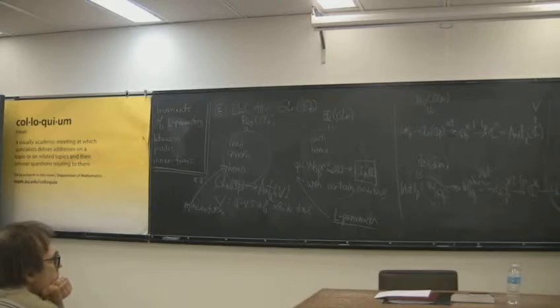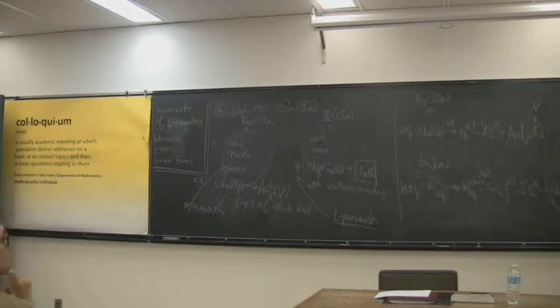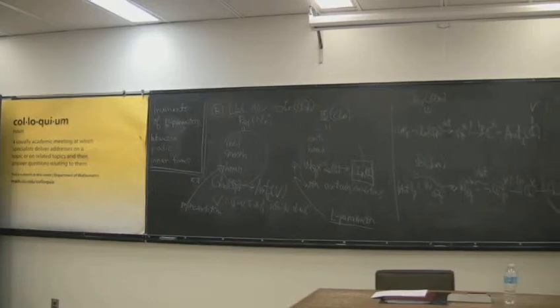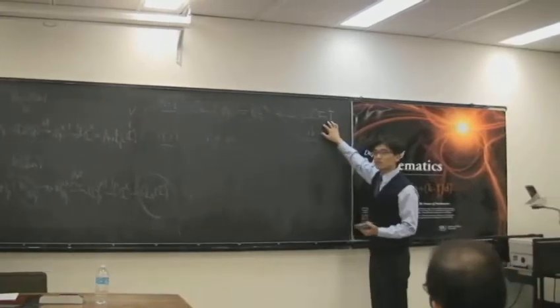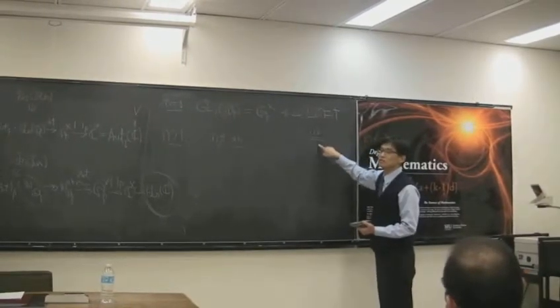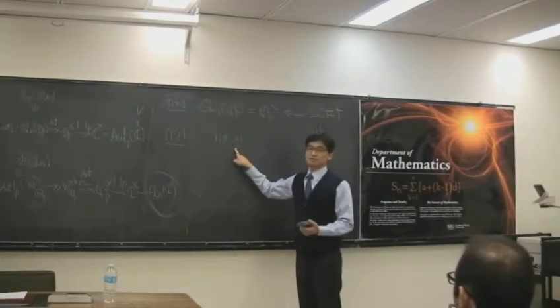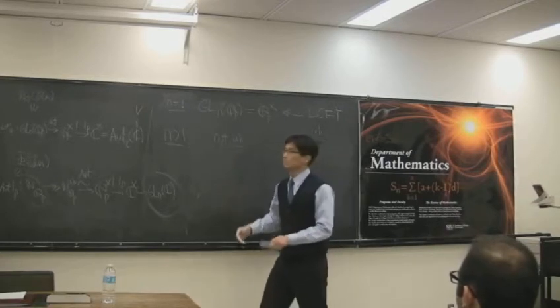This is coming from local class field theory, which is the abelian case. But if you take n bigger than 1, GLn is no longer abelian. In that sense, you can understand the local Langlands correspondence for GLn as an extension of local class field theory from the abelian case to the non-abelian case, by taking n bigger and bigger.